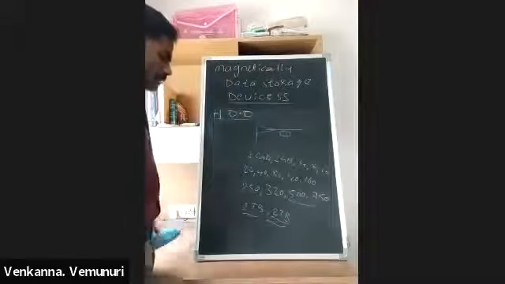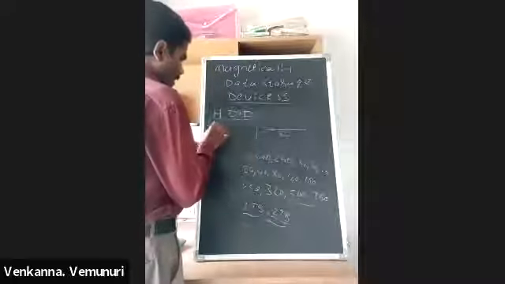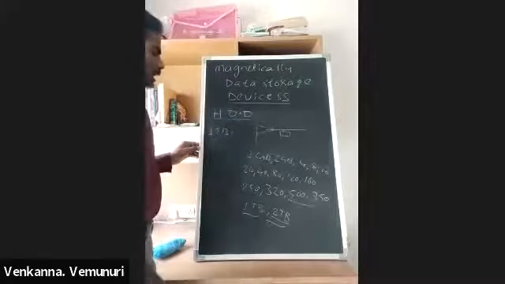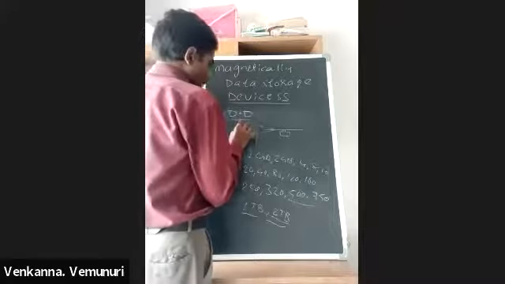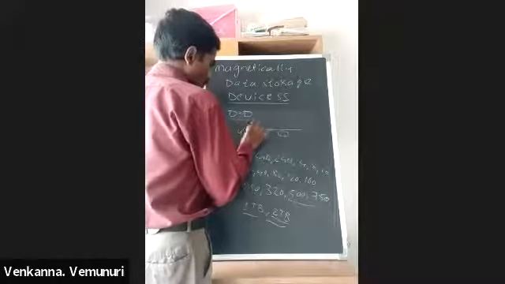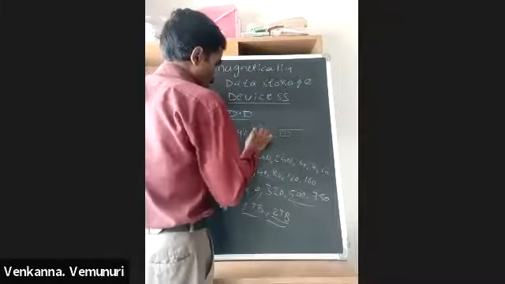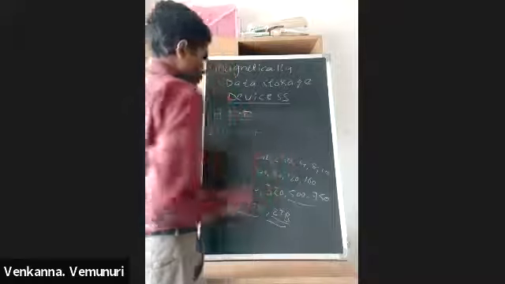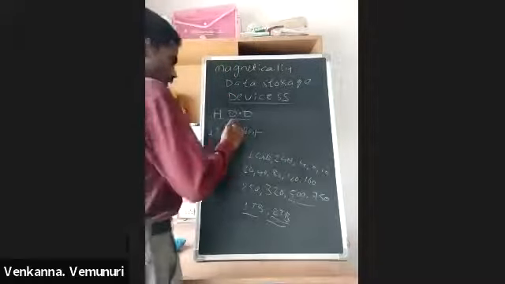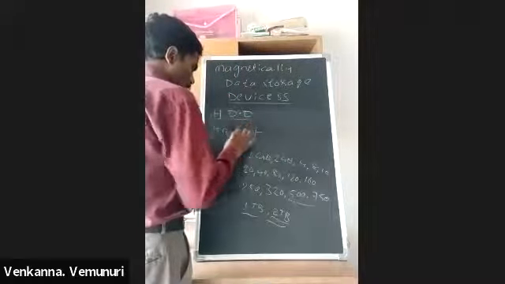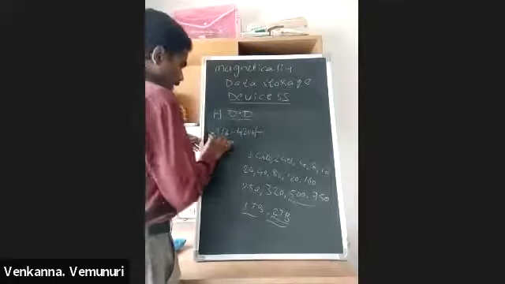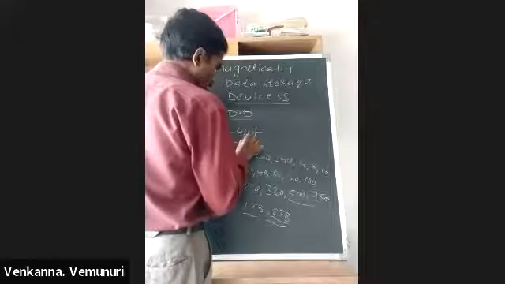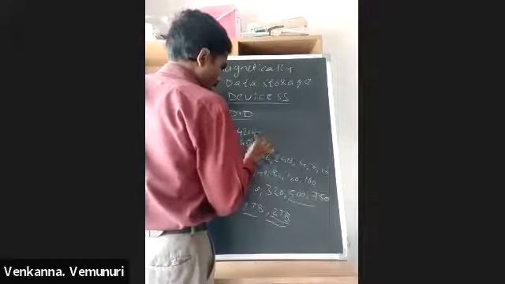Here, a 1 TB hard disk costs 4,200. This is the starting price. Depending on location, area, and shop, this price varies. A 2 TB hard disk's starting price is 4,500.